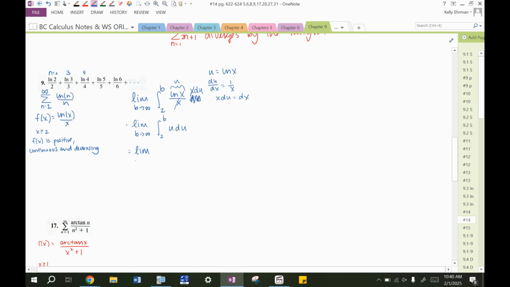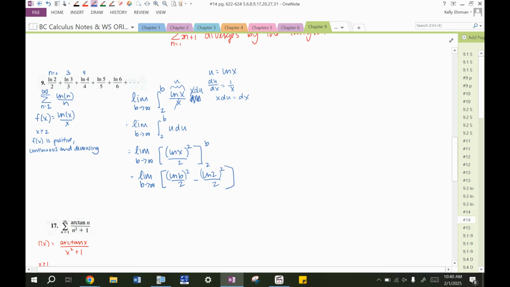So the antiderivative will be u squared over 2, but let's replace u. So ln x squared over 2, evaluated from 2 to b. And we're going to run into the same situation we had before. I want to show all my formal steps here. So fundamental theorem of calculus is ln b squared over 2 minus ln 2 squared over 2.